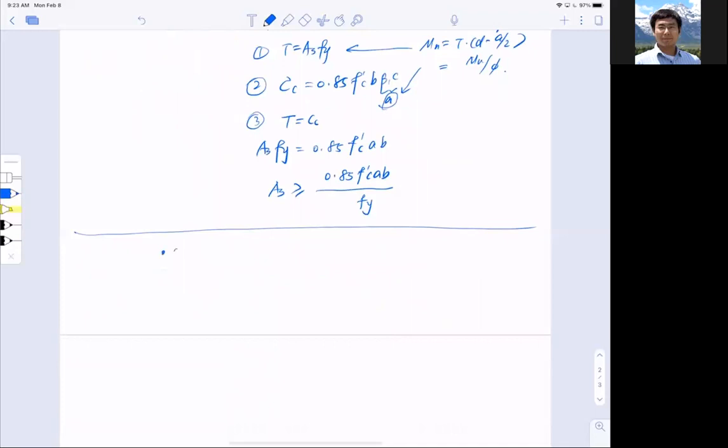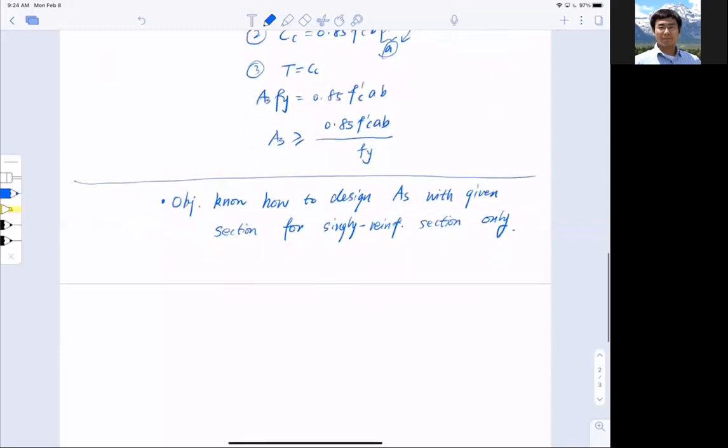So the objective of lecture 6 today is to know how to design a reinforcement area As with a given section, and we are constraining ourselves to singly reinforced section only.